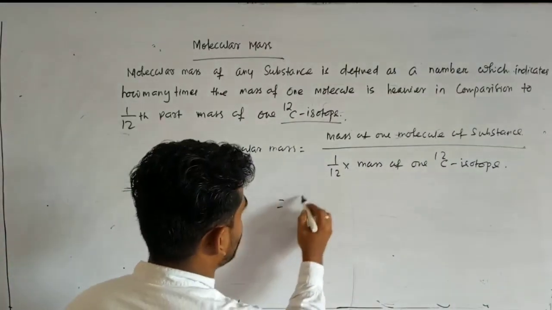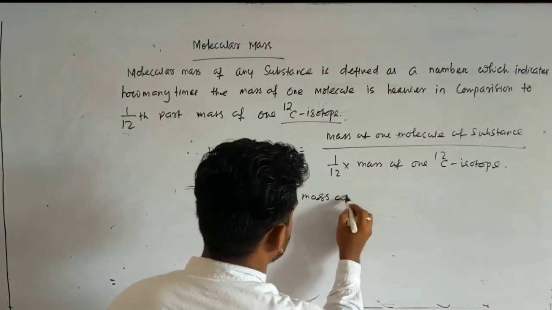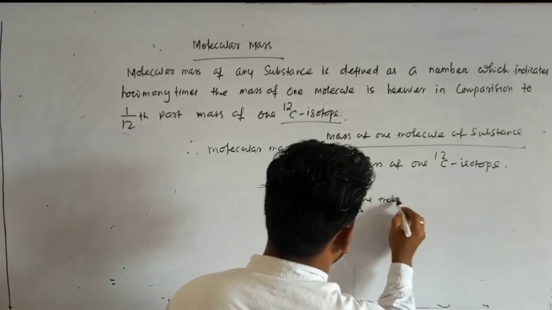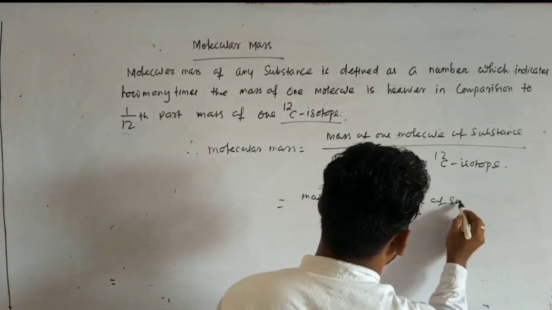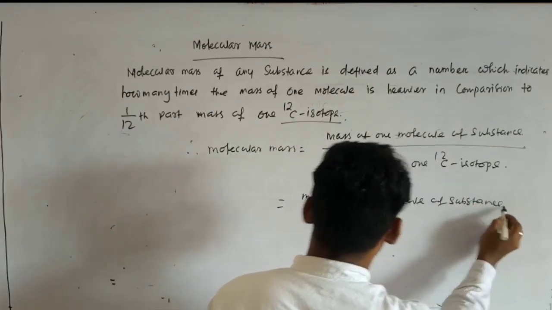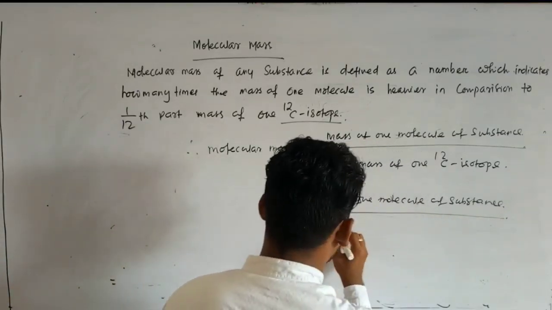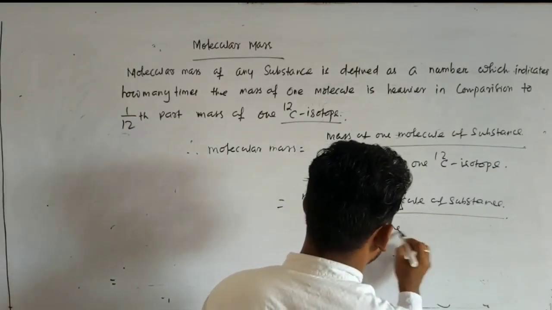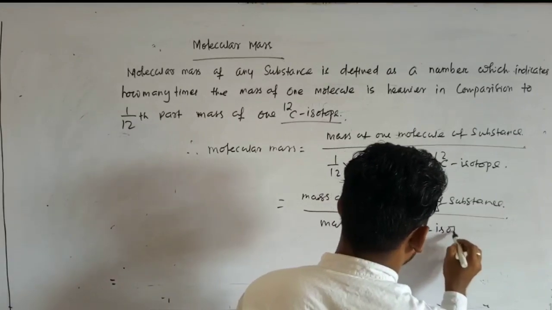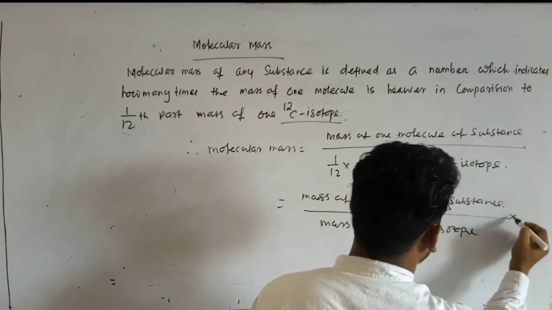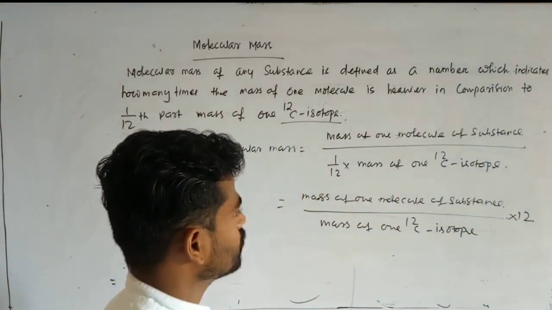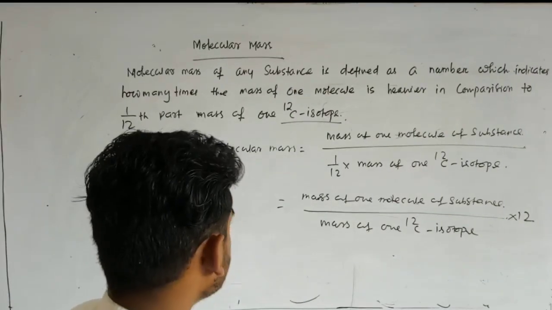Okay, so that will be equal to the mass of one molecule of the substance divided by the mass of one C12 isotope into 12. Clear?